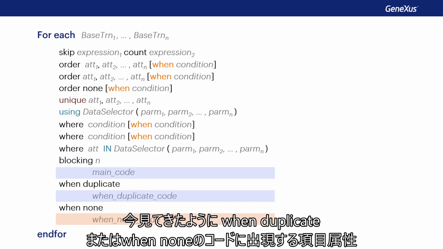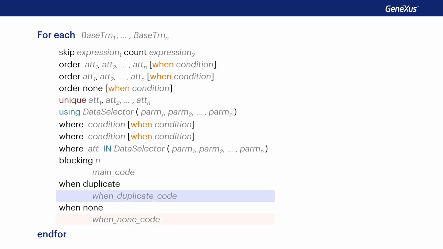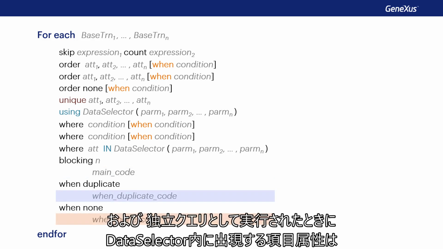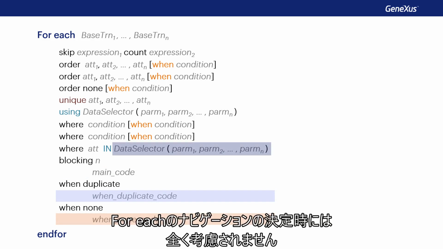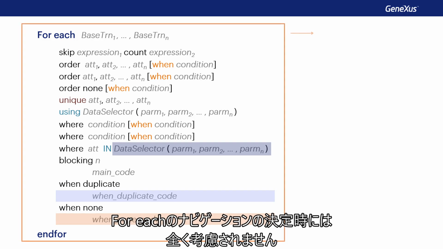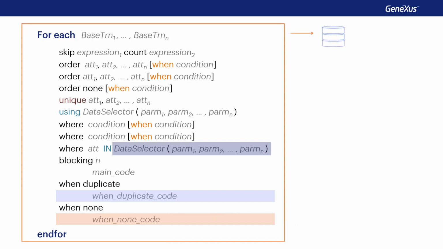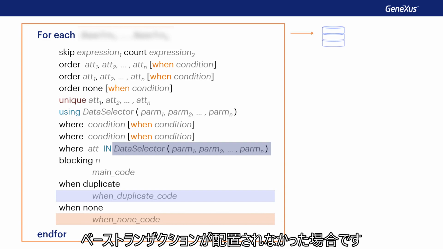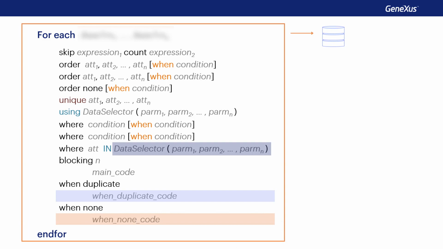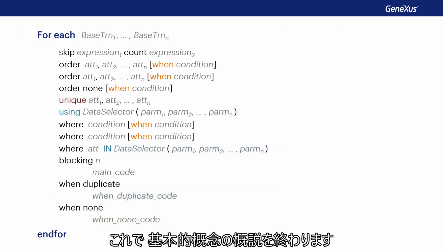As we've just seen, the attributes that appear in the code of when duplicate or when none, as well as those that appear inside the data selector when it's executed as an independent query, are not considered at all when determining the navigation of the for each. This is especially important when GeneXus must determine the base table of the for each, because no base transaction was placed. This is the end of this summary of essential concepts.